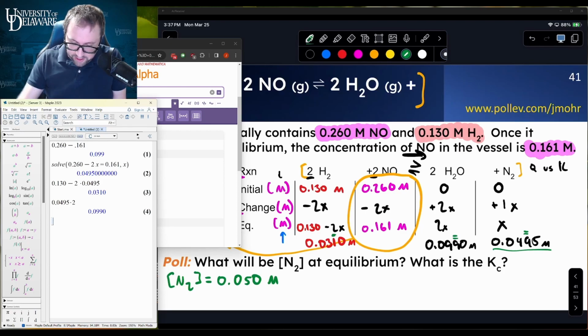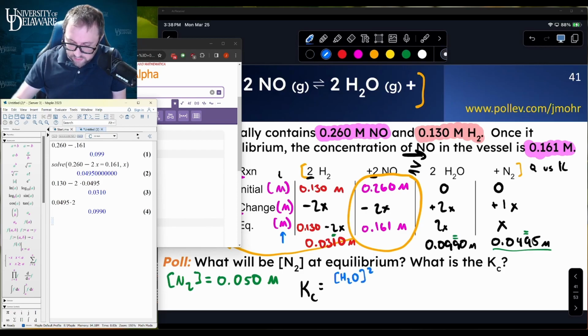Now, if I want to find my Kc, and that should be a capital K, big K, I want to write my Kc expression. So my generic Kc expression for any equilibria reaction is going to be my products raised to my coefficients divided by my reactants raised to my coefficients. So my products are going to be H2O.